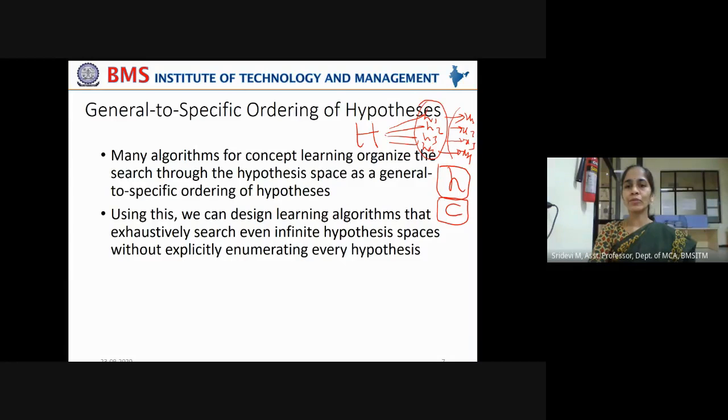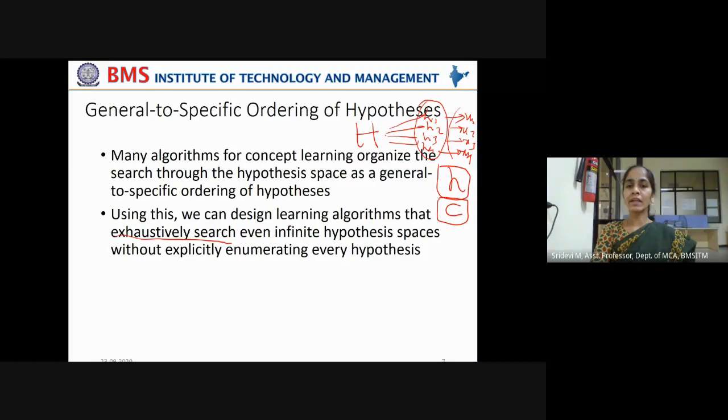Now, many algorithms for concept learning organize the search through the hypothesis space as a general to specific ordering of hypotheses. Using this, we can design learning algorithms that exhaustively search. Exhaustively search means it will not leave even one particular example out. It will try to cover all the examples in the hypothesis space.